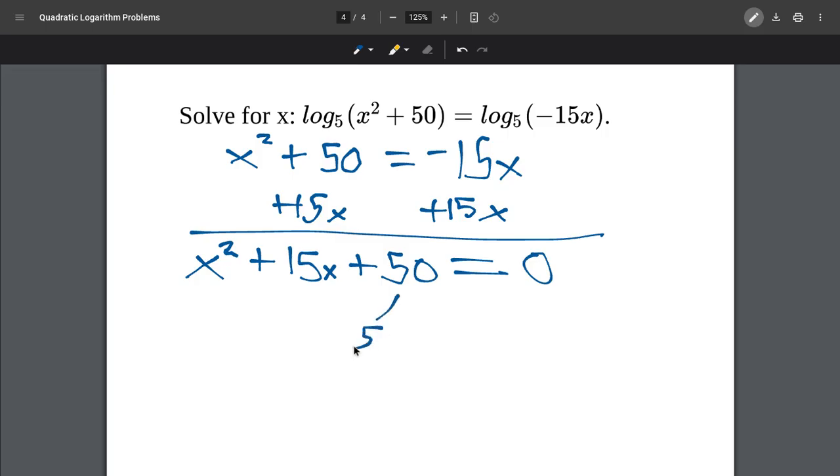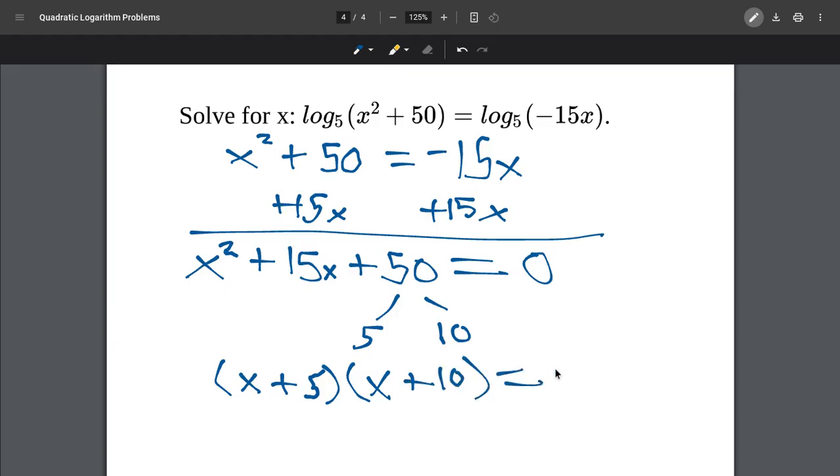Okay, so we want to factor this to multiply to 50 and add to 15. So I would do a positive 5 and positive 10. So I'm going to factor this to x plus 5 times x plus 10.